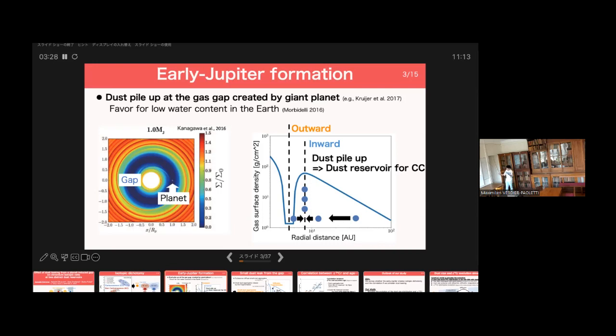This structure causes a pile-up of dust aggregates at this region.